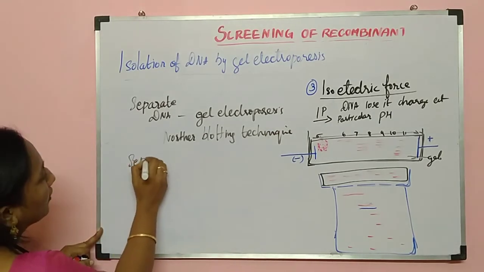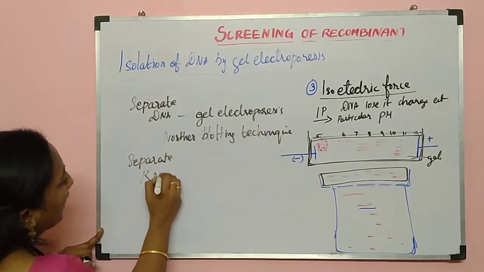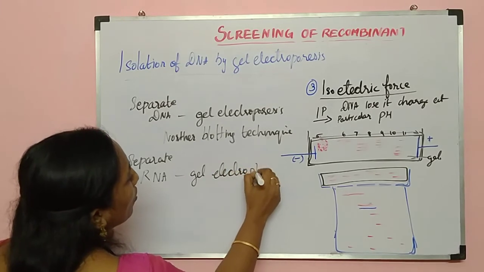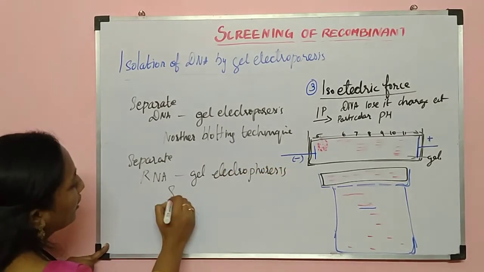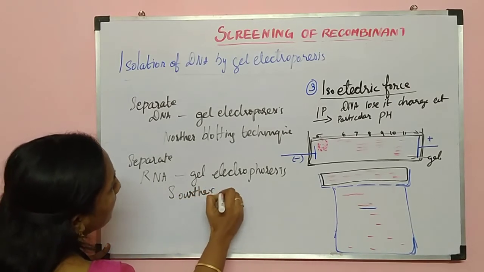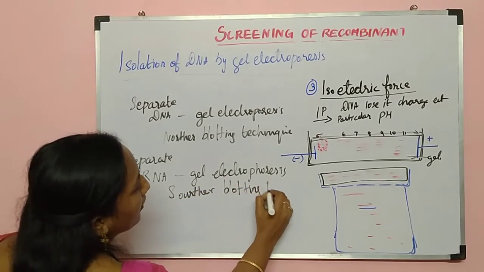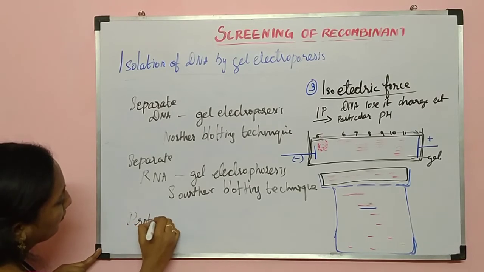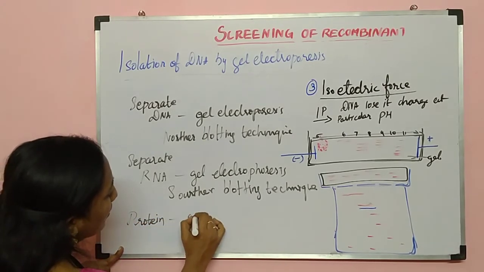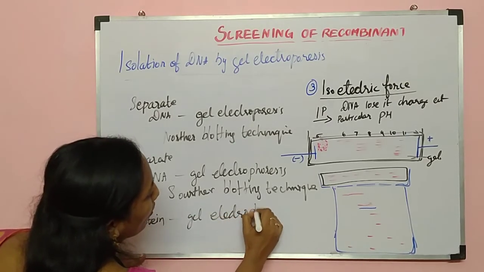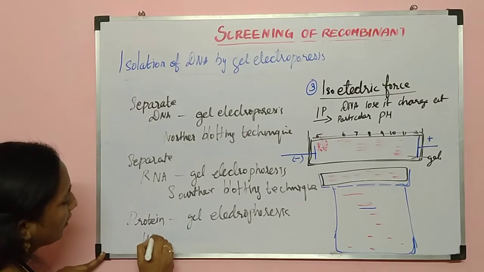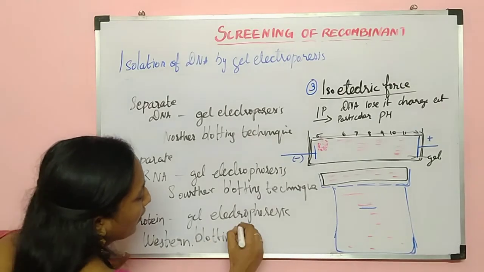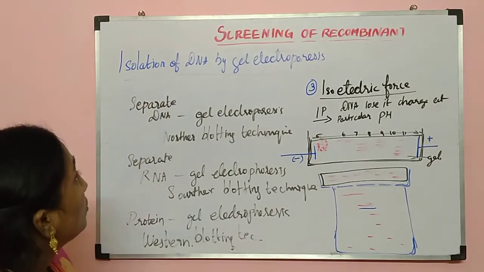If you separate protein by gel electrophoresis, then it is called the Western blotting technique. Okay, so same method.